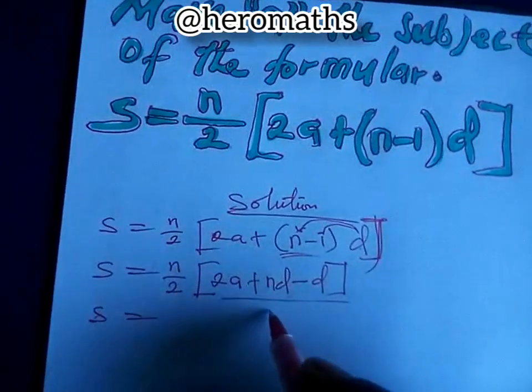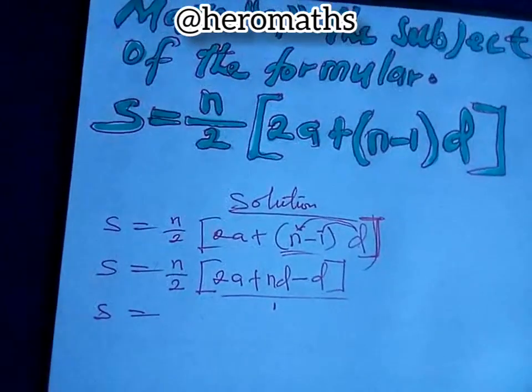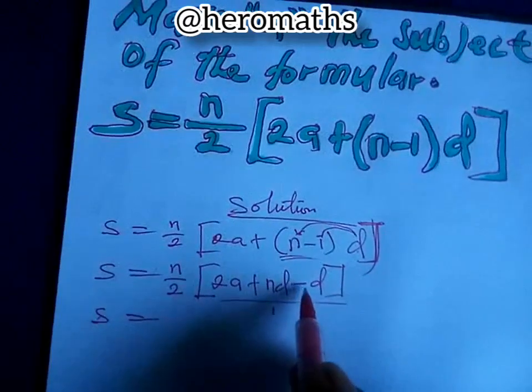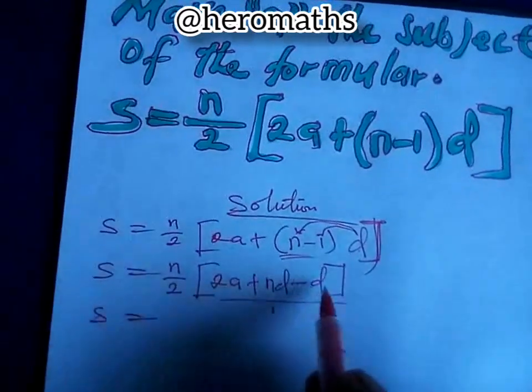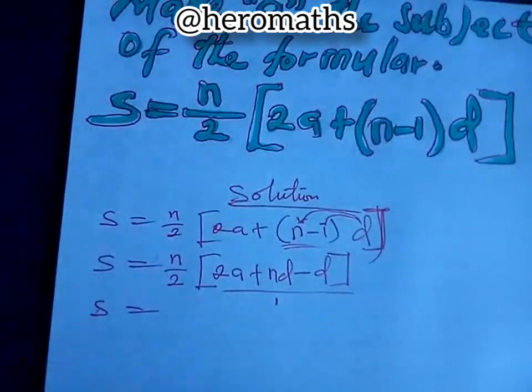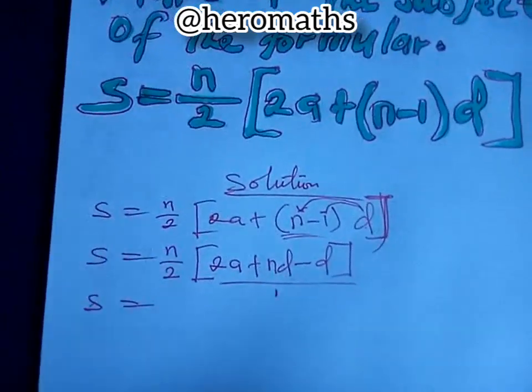Because this is also dividing by an invisible one, so that will be expressed as n divided by 2 times 2a plus nd minus d divided by 1. So n will multiply the top and 2 will multiply the down, and 2 will multiply 1 to still give us 2.